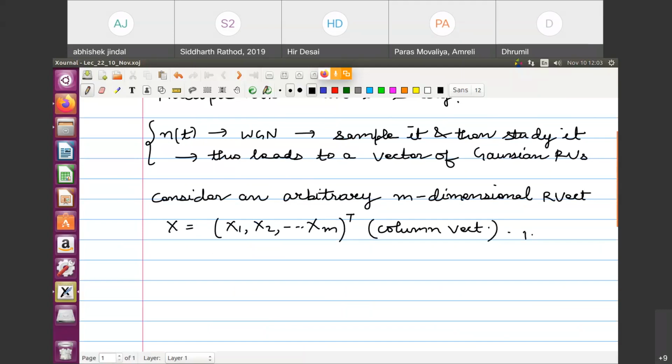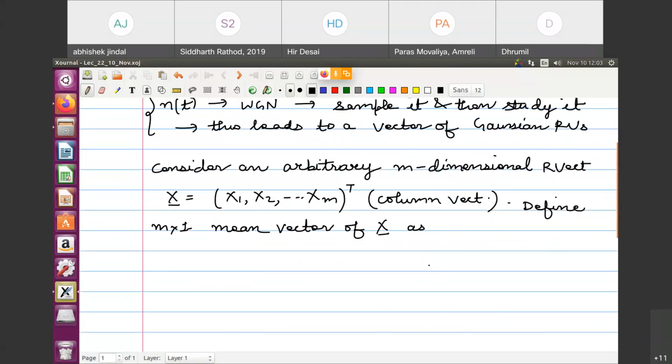Define an m cross 1 mean vector by taking the ensemble average of each of the elements of the vector x. We may use a notation like this also to represent that this is a vector, but during writing of whatever I am saying, it may happen that this bar or under bar gets ignored, so it should be clear from the context that we are talking about a vector. The mean vector m of x bar is equal to the expectation operator applied over this column vector.